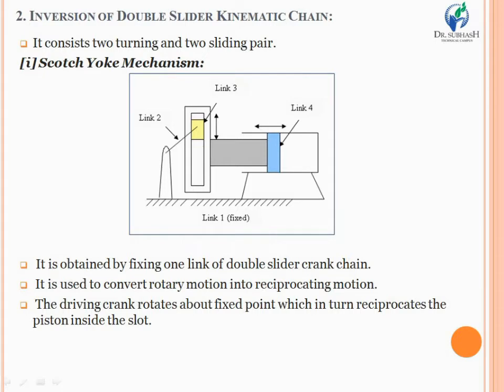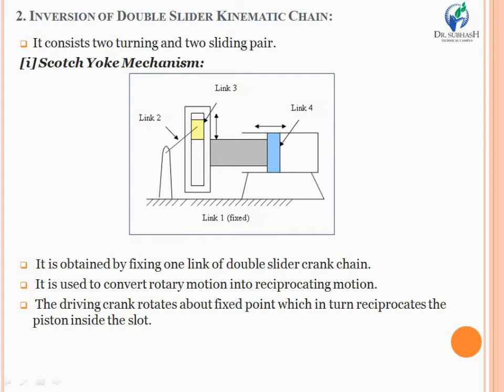The basic application of the Scotch yoke mechanism is to convert rotary motion into reciprocating motion. Generally, the driving crank rotates about the fixed point, and due to that rotation it reciprocates the piston which is mounted inside the slot or cylinder.